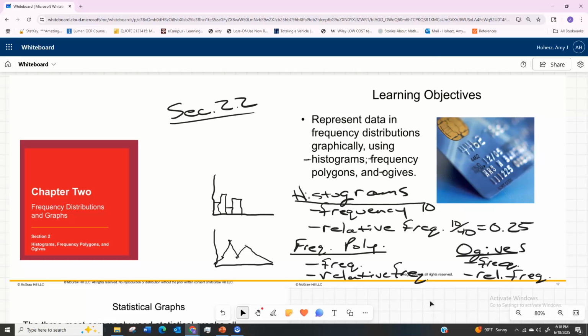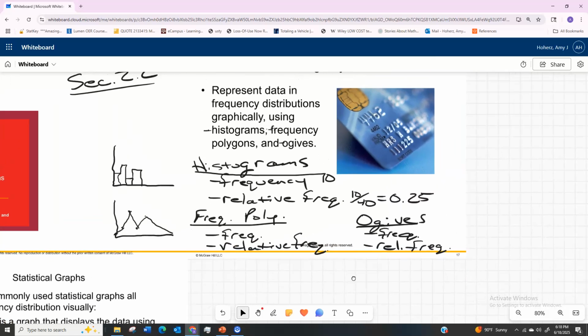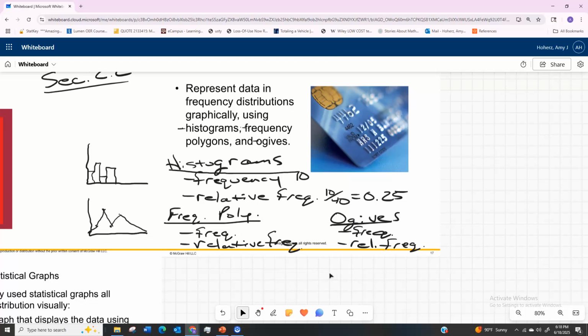And because you're listing the cumulative frequency, ogives can only go upward. They always start at 0, because that's like the starting place when you don't have any data.